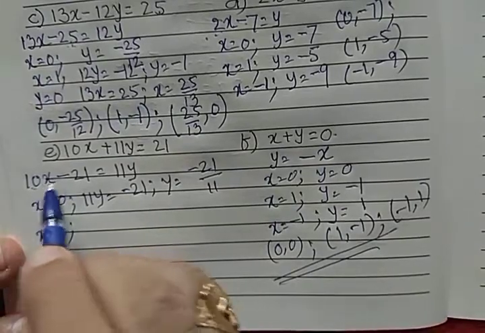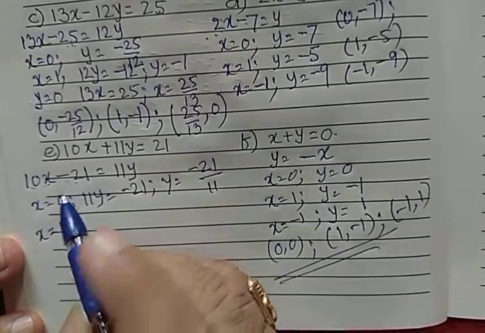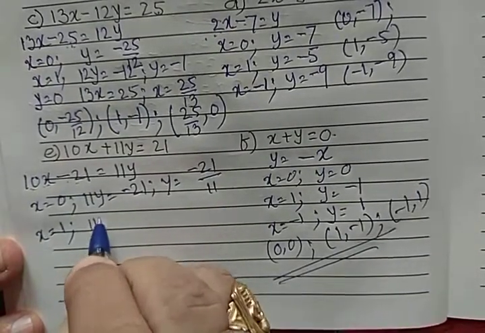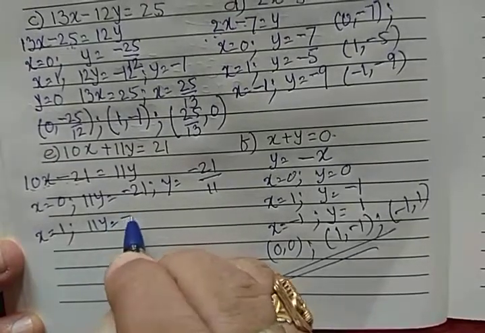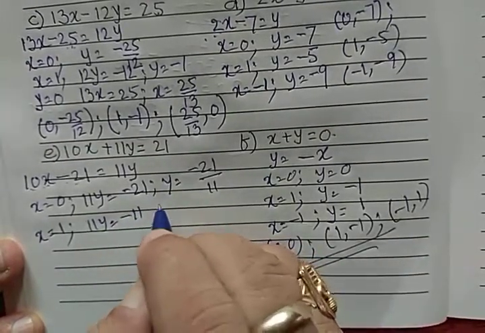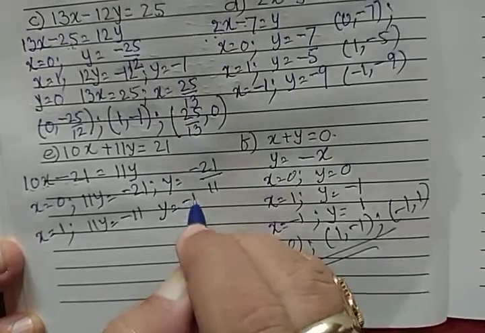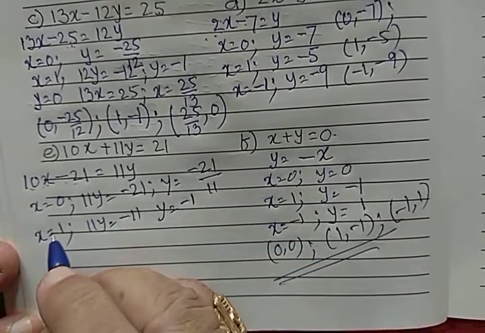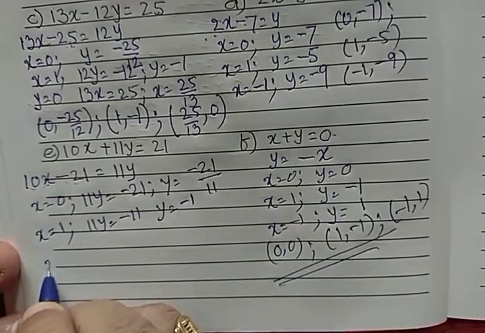Then 10 minus 21. That means 11y is equal to minus 11, or y is equal to minus 1. Let us take x is equal to minus 1.